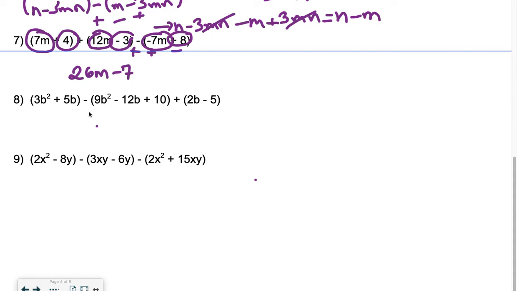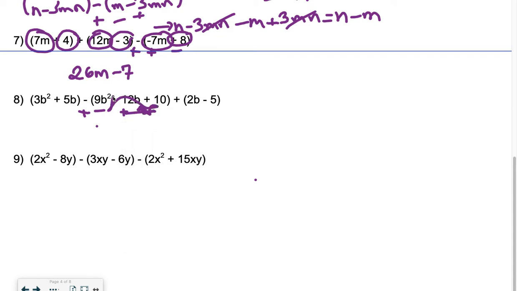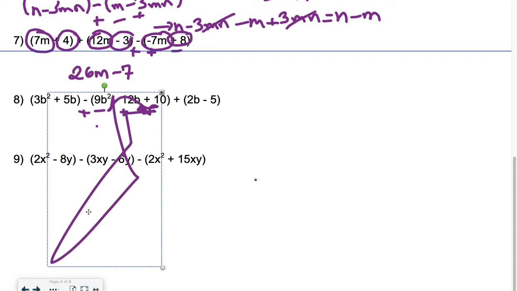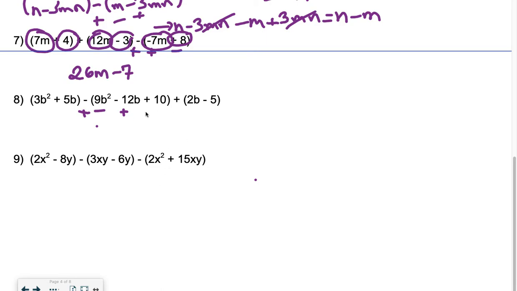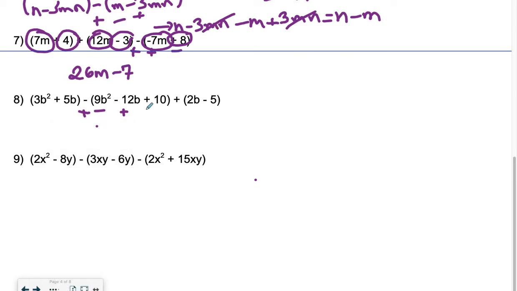The next one, so this is going to become plus, minus, plus, minus. Oops, didn't mean for, whoa, my computer's going a little crazy there. Sorry again. So let's go. 3b squared minus 9b squared is negative 6b squared.